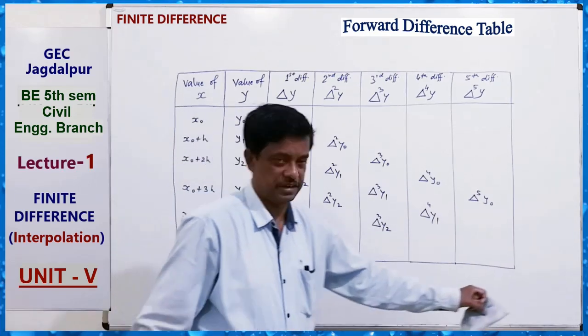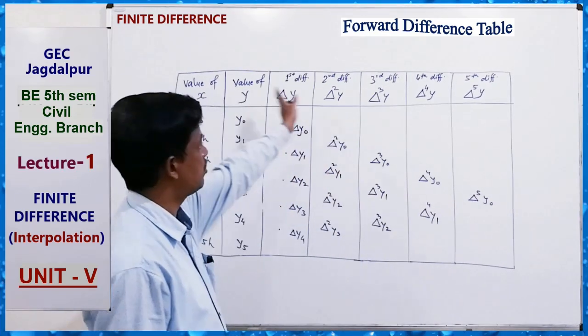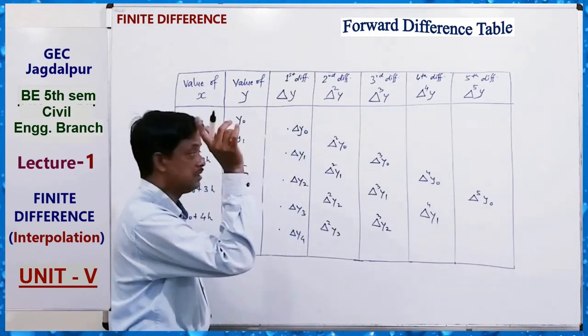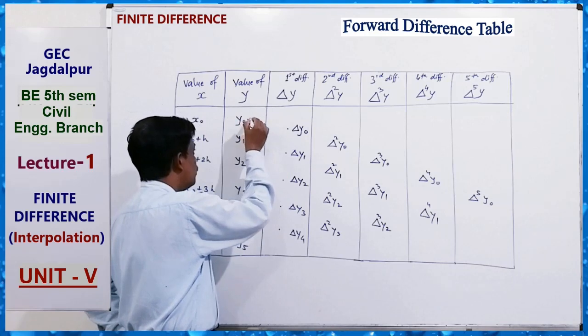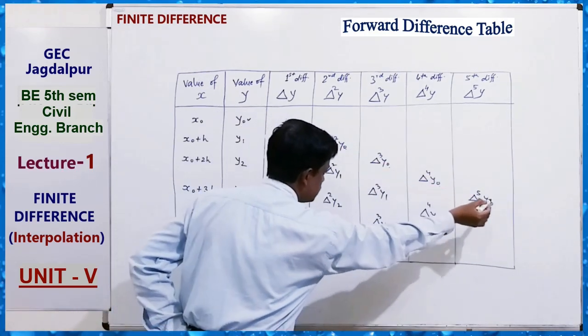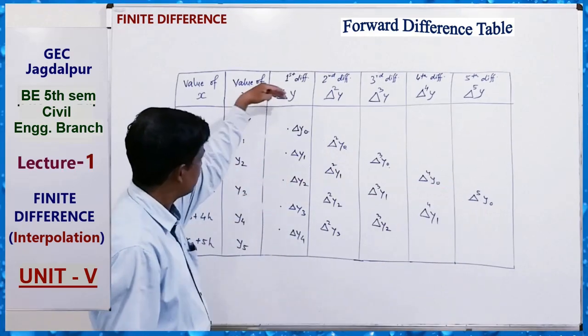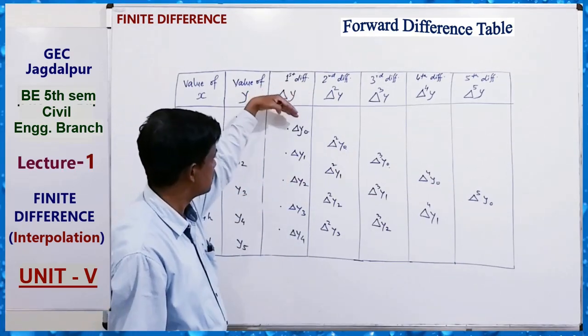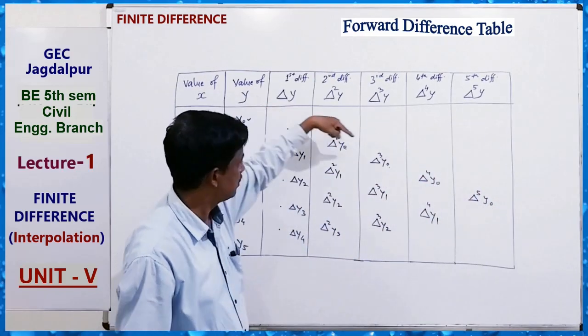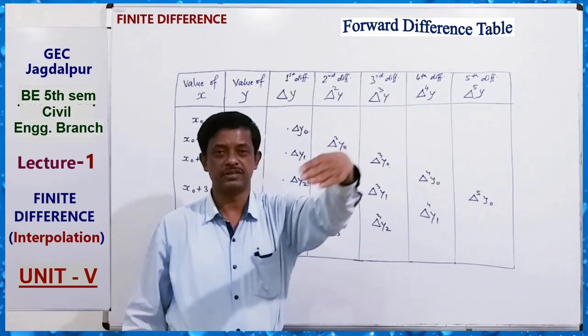In this table, this is for forward differences. Here we can say that 0, 0, 0, 0, 0.